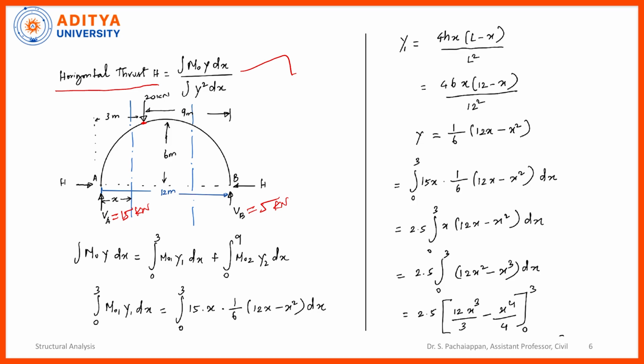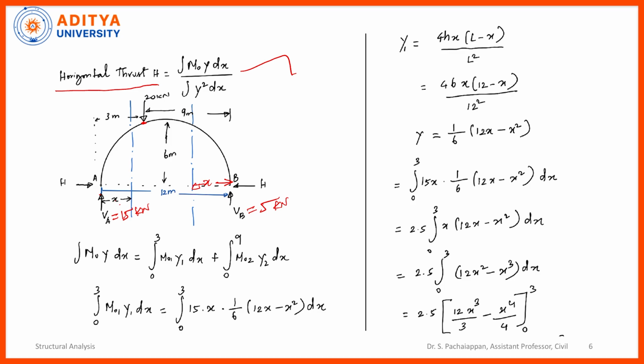So we need to take two sections. I am considering one section at X meters from the left support. Similarly, I am taking the second section, also X meters, from the right support.